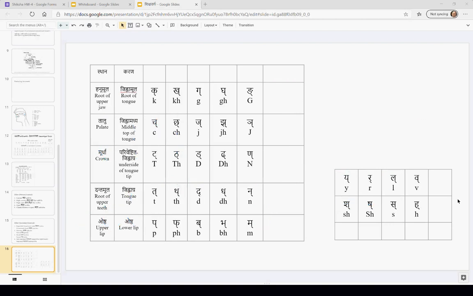I think so. Okay. Halanta is consonant. What she is referring to is halanta means consonant. And I think in the last class we discussed how a consonant, if it is at the end of a word, needs to be pronounced.